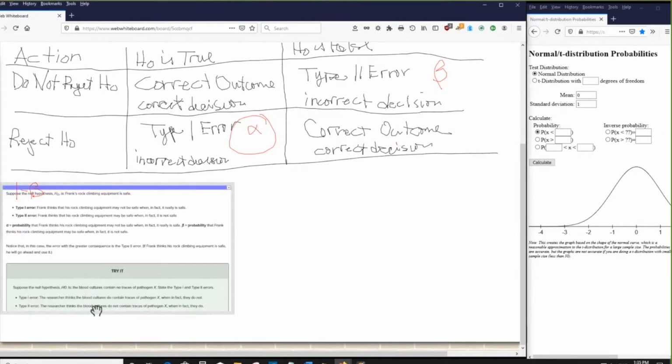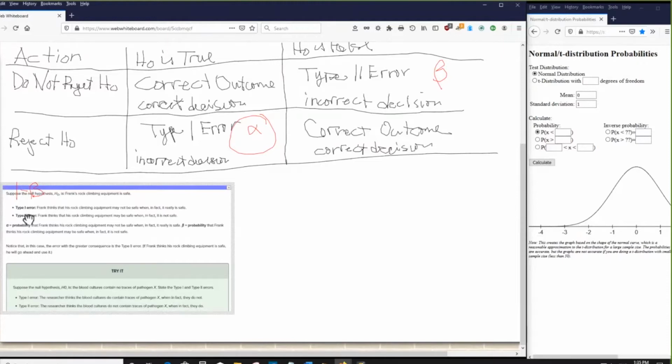Okay, so the first one would be, let's suppose that the null hypothesis is that Frank's rock climbing equipment is safe, then that means the alternative hypothesis would be that Frank's equipment isn't safe.